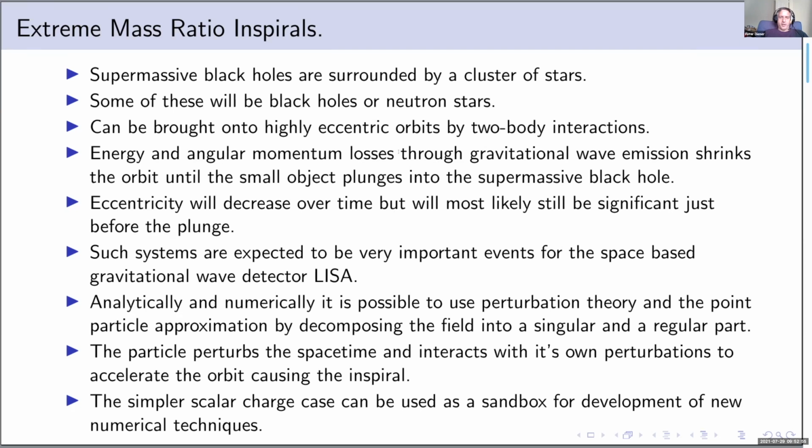And also, as Barry mentioned, it is possible to use perturbation theory and essentially treat the small object, or the small black hole or neutron star, as a point particle. And you can do that by decomposing the field produced by this small object into a singular and a regular part.